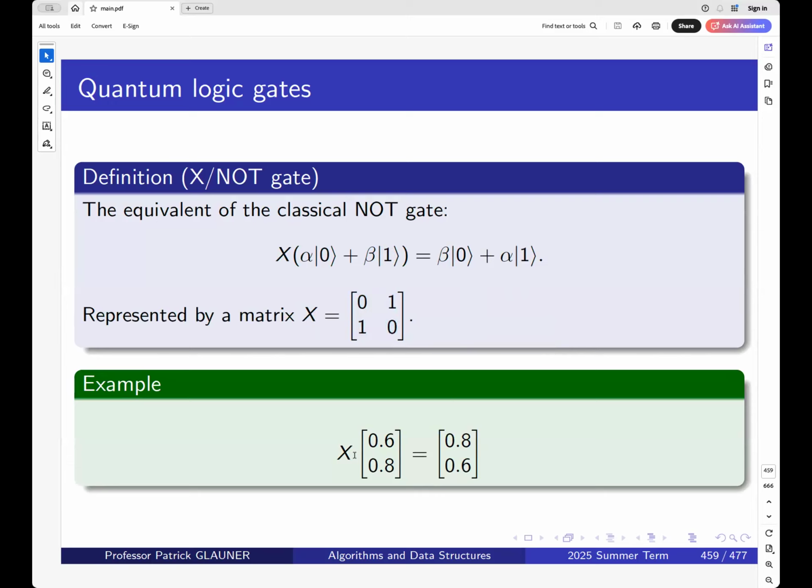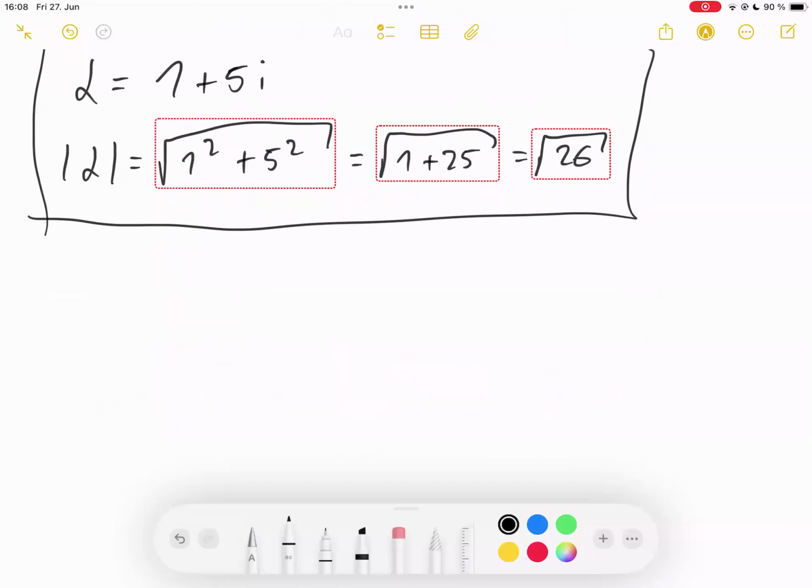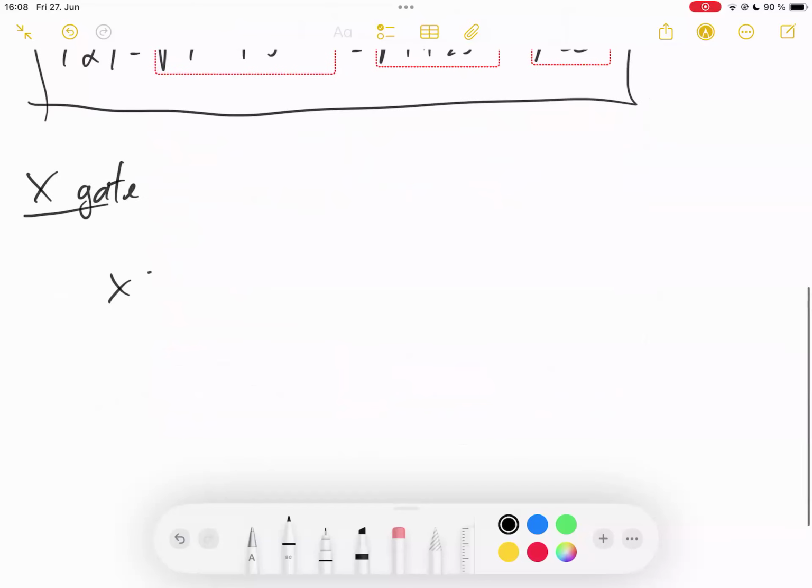And now, if you take your matrix X and you multiply this with a concrete qubit, I think I'll show you this again on the iPad. So then we can develop this together step by step. So this is the X gate. We said X, so 2 times 2 matrix, 0, 1, 1, 0.